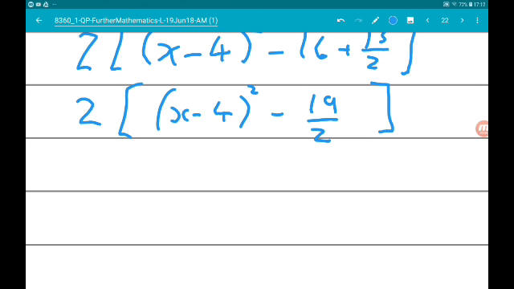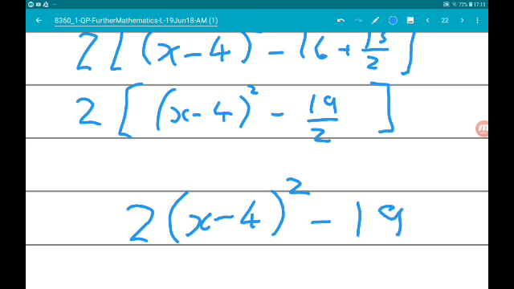It can't get inside the round brackets. The power of 2 acts as a little bouncer, saying, no mate, you're not coming in. So all it can do there is sit on the outside, like that. But it is going to multiply the minus 19 over 2. That's just going to give us minus 19.